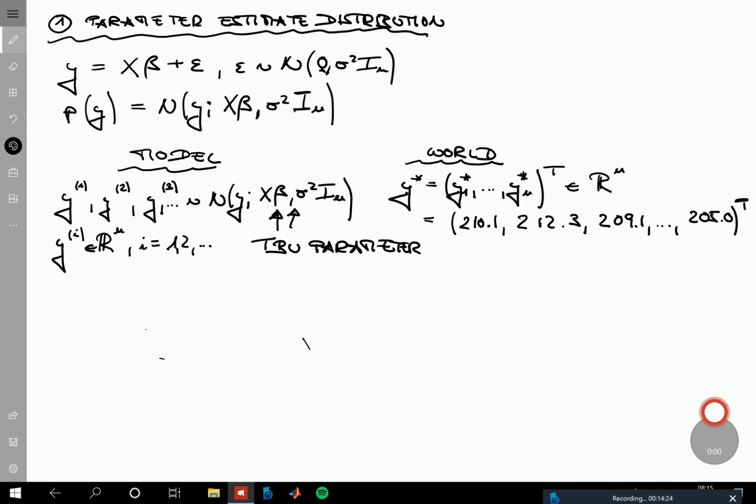In the real world, the conceptual thing is that you also draw a realization, but only one. So in the real world, you always have only one observation. In the model, you say, okay, I have a distribution over data points, so potentially I could sample many data vectors. Is that clear? The main thing to appreciate is that your observed data is one of the infinitely many realizations you could draw from the model.